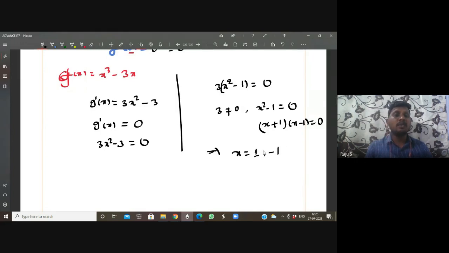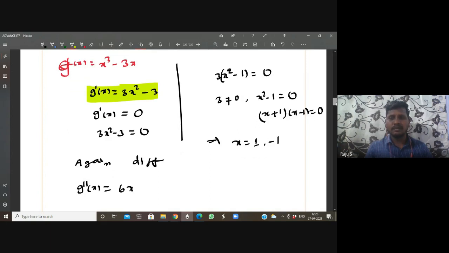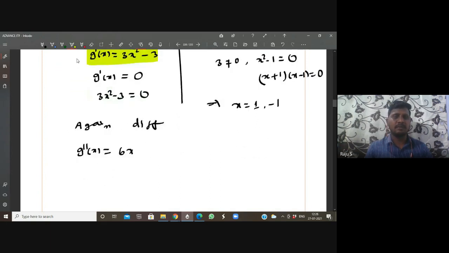So here we got two critical points, 1 and minus 1. Now I'm going to find the second derivative. Again differentiate. g double dash of x is equal to, when I differentiate again, 6x, am I right? What is the derivative of this 3x square minus 3? 6x minus 0, that is simply 6x.